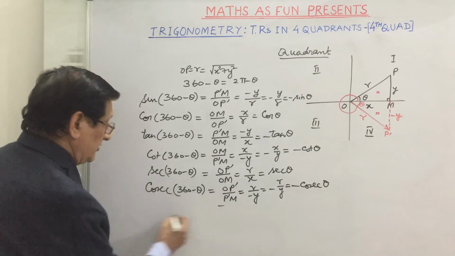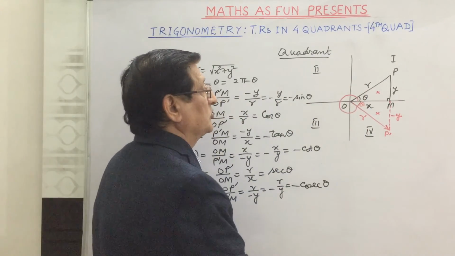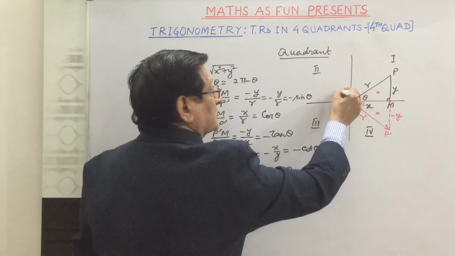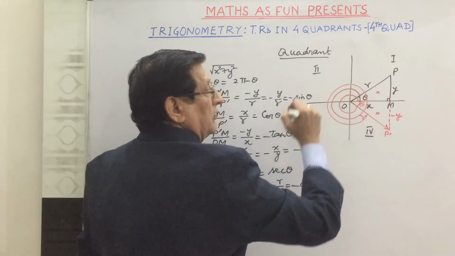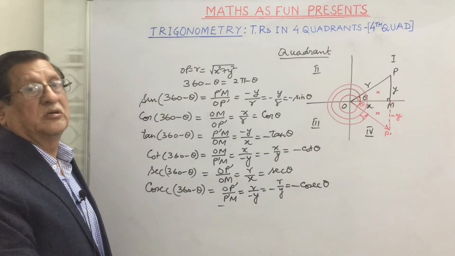See, one more thing I'll tell you, even if it is making many rounds, like suppose it completes some more rounds, see here like this, and then comes here, again the same thing comes.